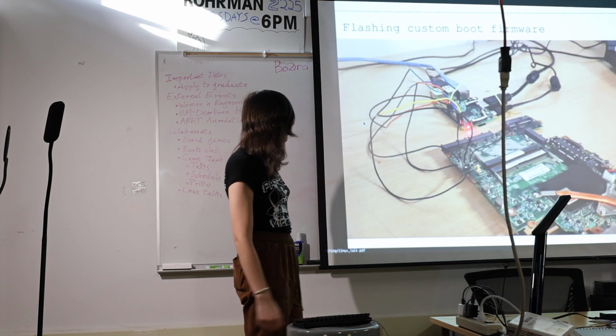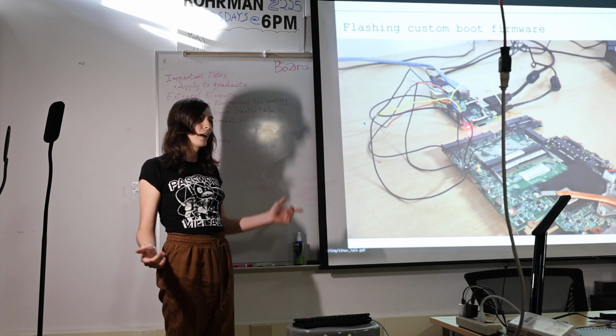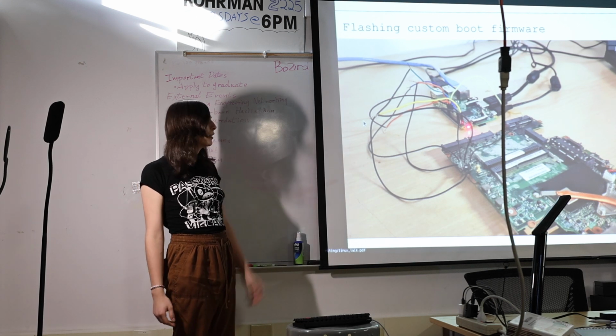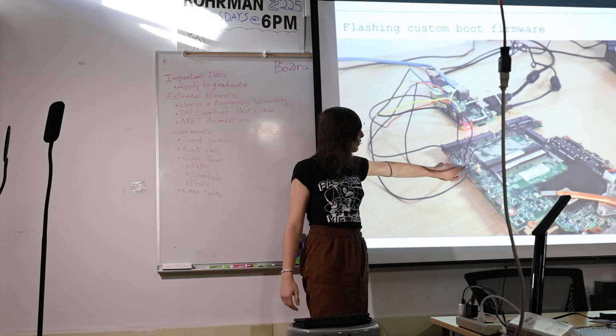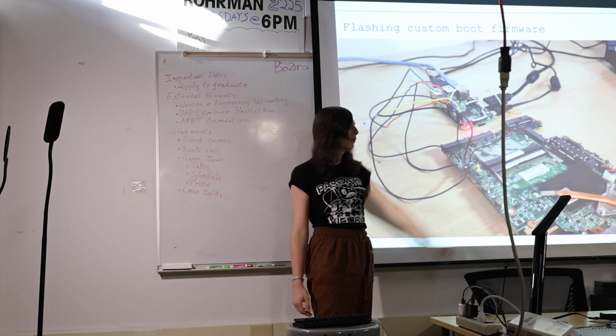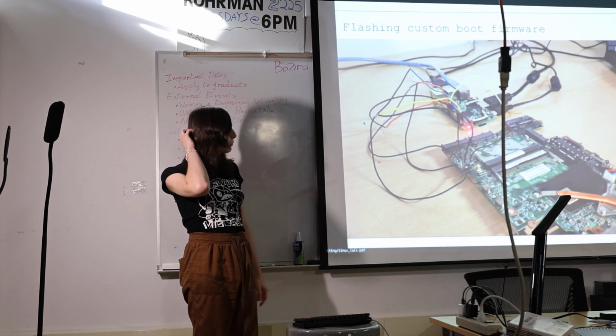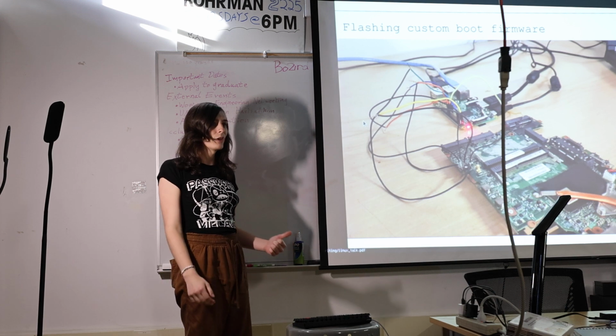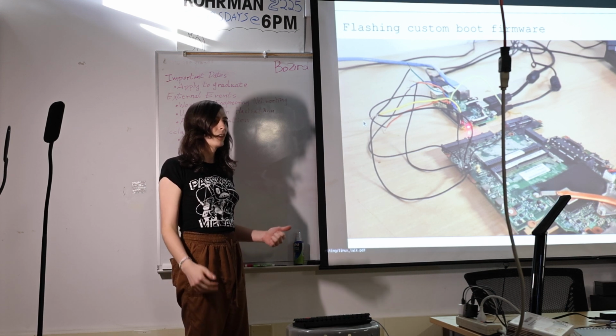Here's a screenshot of what I did over the summer with Spice. Right here is the boot firmware on the chip, a WSON 8 chip. This is basically how you turn it from proprietary into Libre.